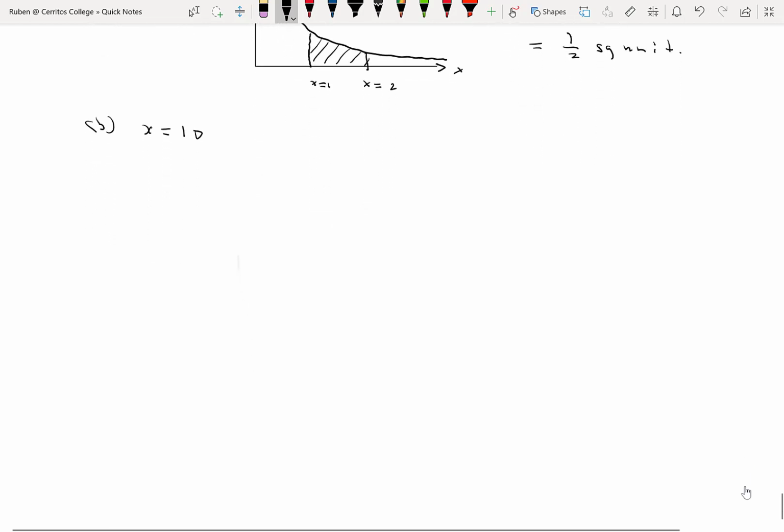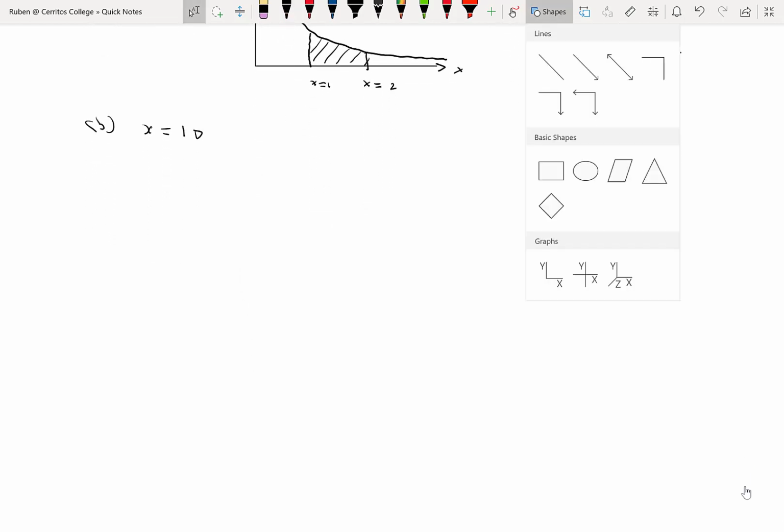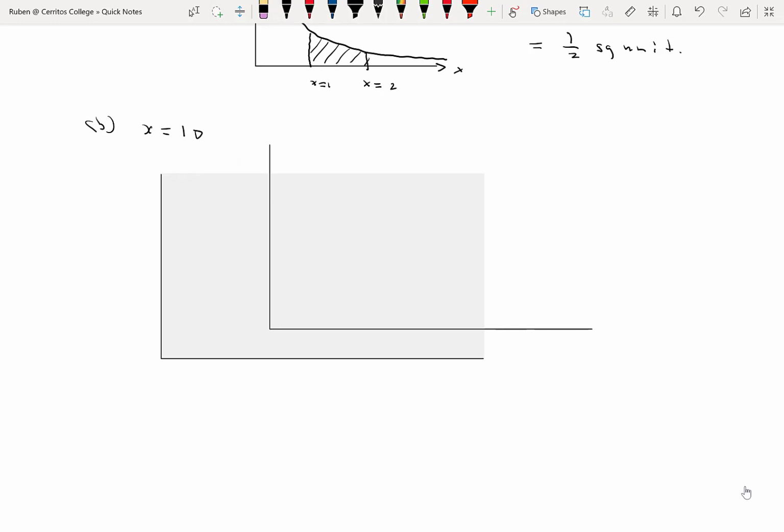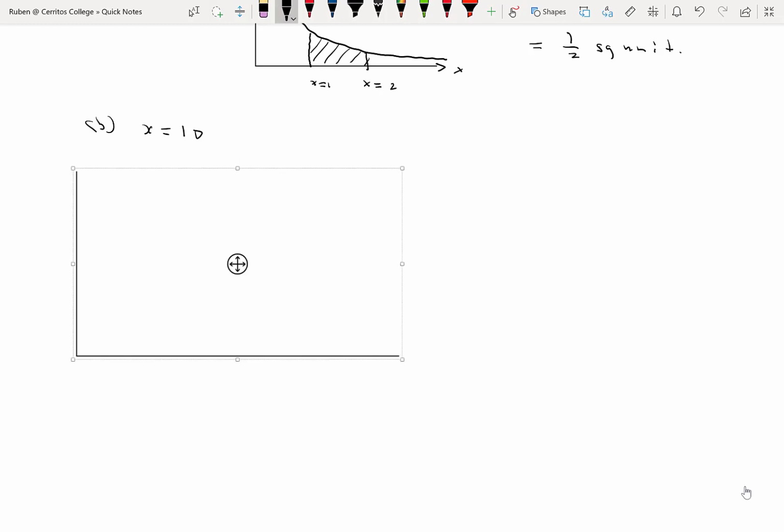Let's take a look at what happens graphically. Once again, we'll look at the graph of the function. I'm going to extend it a little because the right-hand limit of integration is a bit farther than x equals 2.